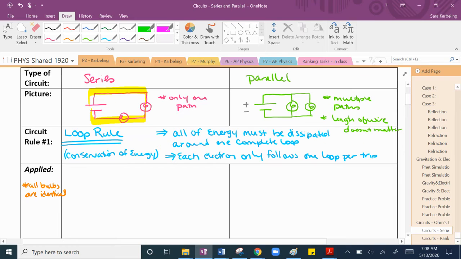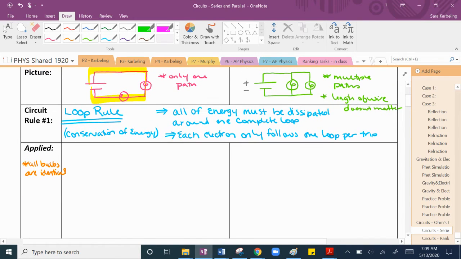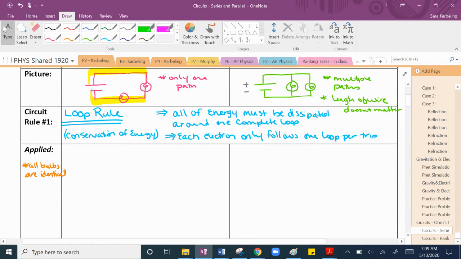Okay, so that's the loop rule. So what do we do with that, Miss Kay? Well, let me tell you what we do with that. We're going to apply this loop rule to each of our circuits. One other little note to make our life clear while we're doing these examples, we're going to suppose that the battery has a voltage of 9 volts in both cases, right, in both the series and the parallel situations.